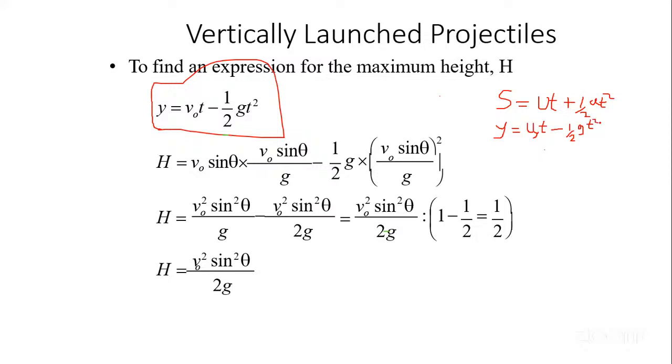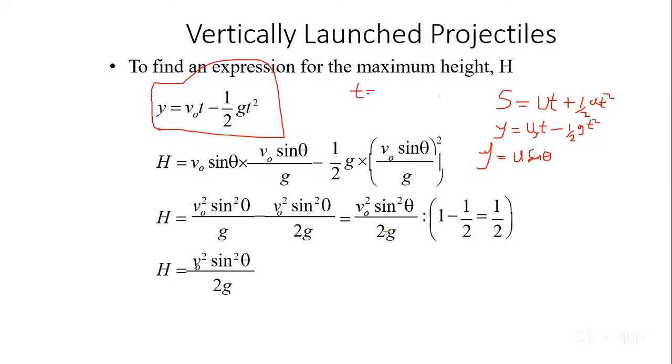So if we substitute in the parameters, uy, the initial velocity vertically, is u sine theta.